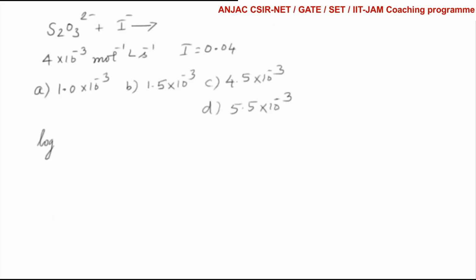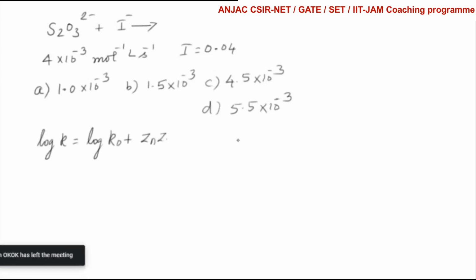Before seeing that logic argument, we will see this: log k is equal to log k naught plus ZA into ZB into root of I. Find out what these things are. ZA is 2 minus and ZB is 1 minus, so the product is plus.